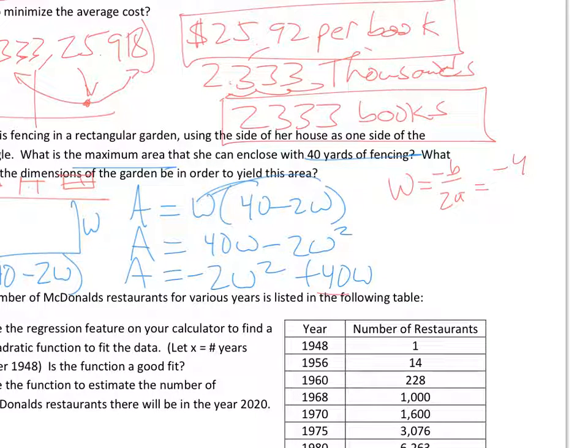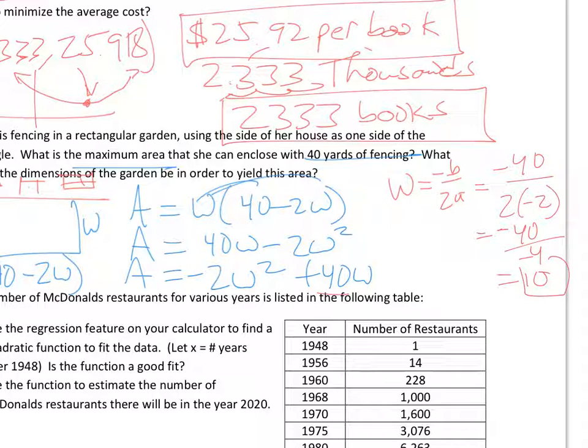So we have negative 40 over 2 times a, which is negative 2. So that is negative 40 over negative 4, which is 10. So when the width is 10, we get a maximum.